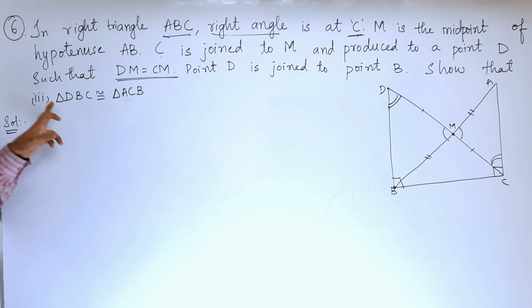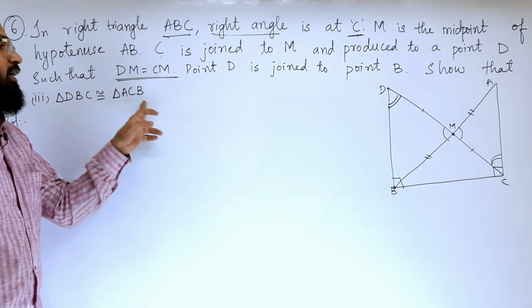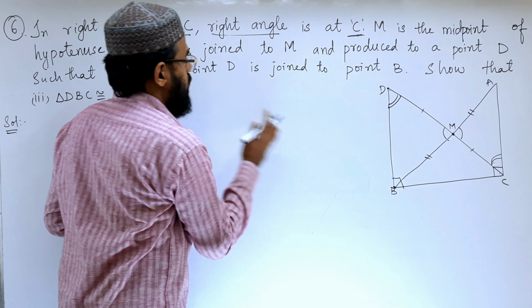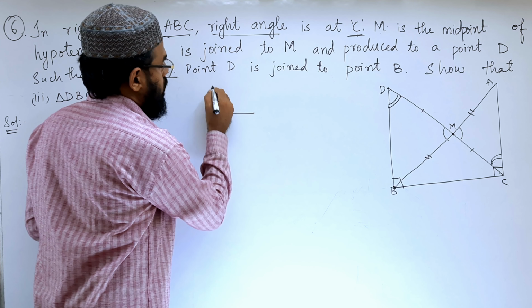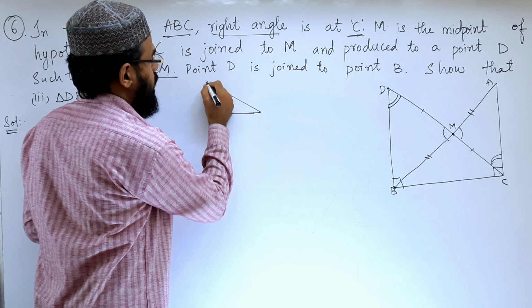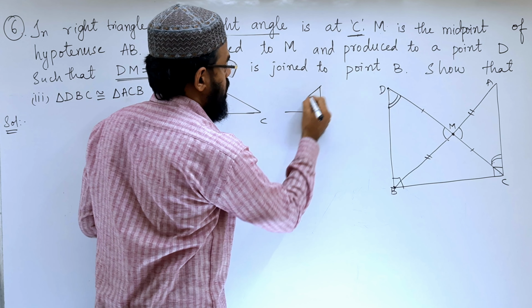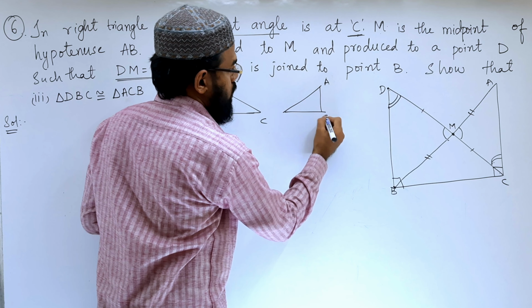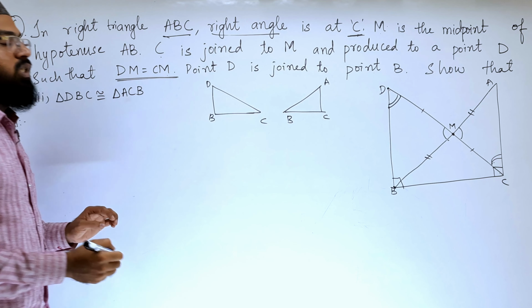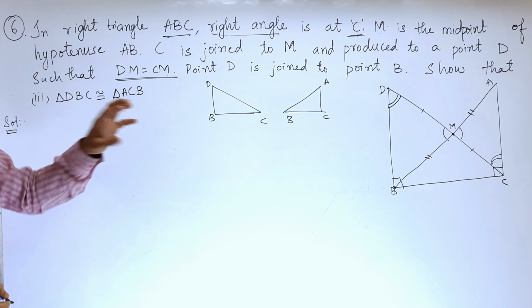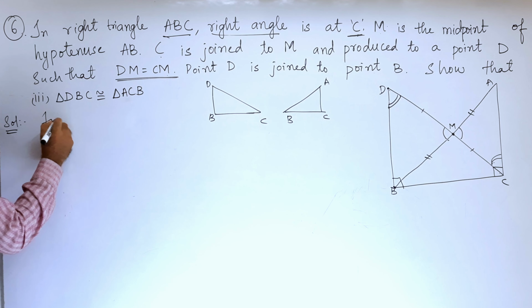Third bit: triangle DBC is congruent to triangle ACB. So let us draw these triangles, DBC and ACB. In these two triangles, we need to show three things equal.